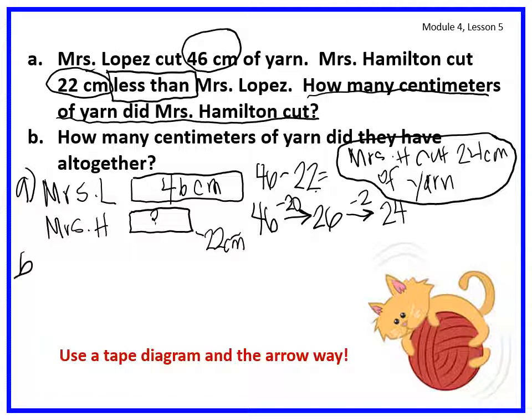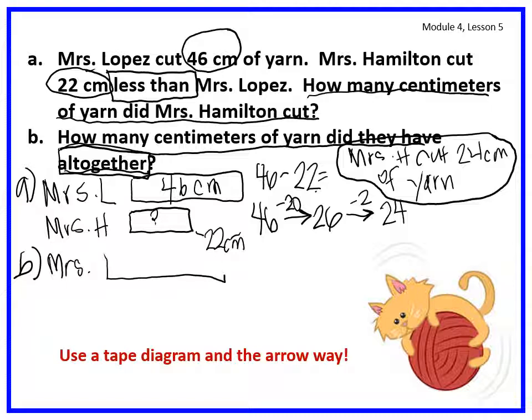On B, let's take a look. How many centimeters of yarn did they have all together? Now on all together, I'm going to box because that typically means I'm going to be adding them. Now I know that Mrs. Lopez had 46 centimeters.